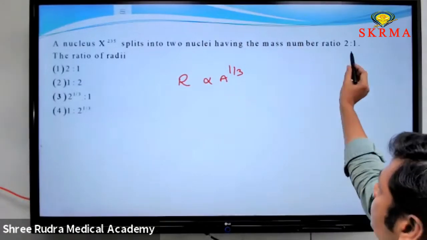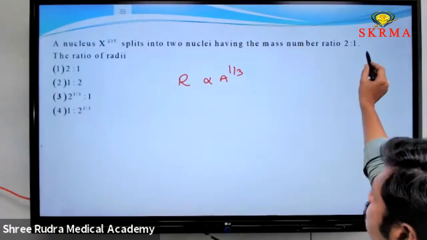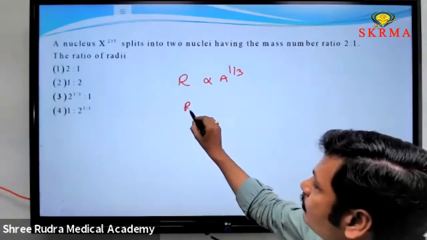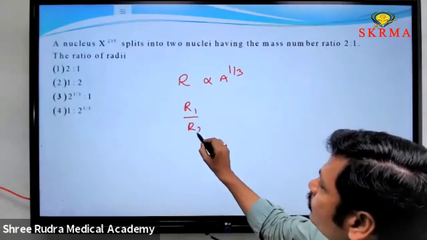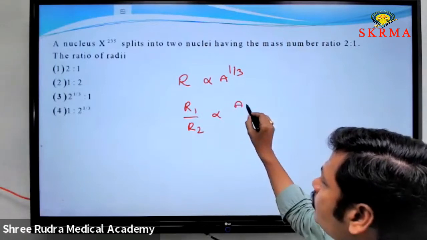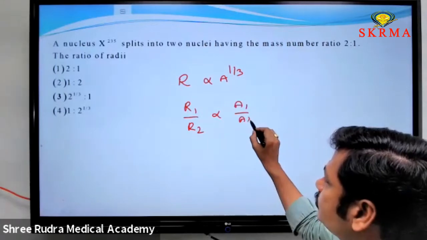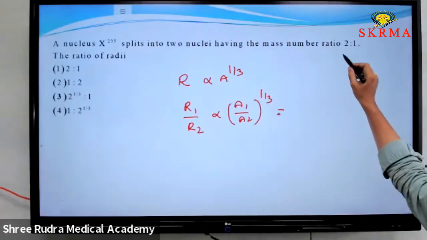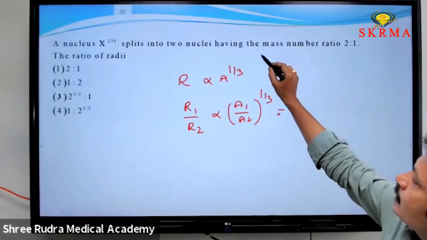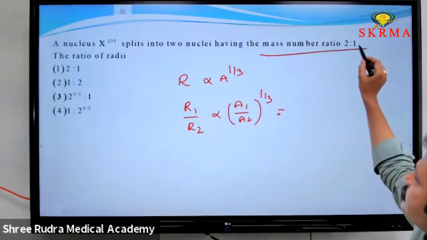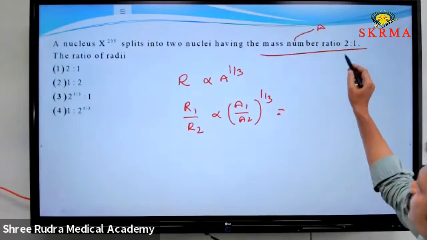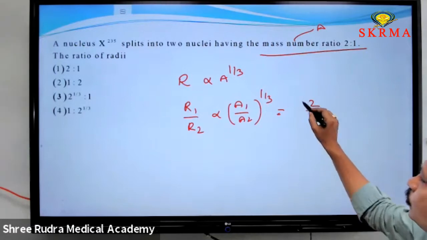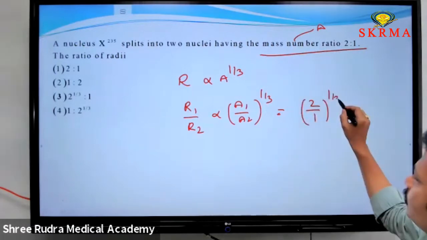Here the ratio is 2:1, as R1 by R2 is proportional to A1 by A2 whole power 1 by 3. If you substitute 2:1, this is the mass number ratio, mass number being nothing but A. The A ratio is given, that is 2 by 1 whole power 1 by 3.